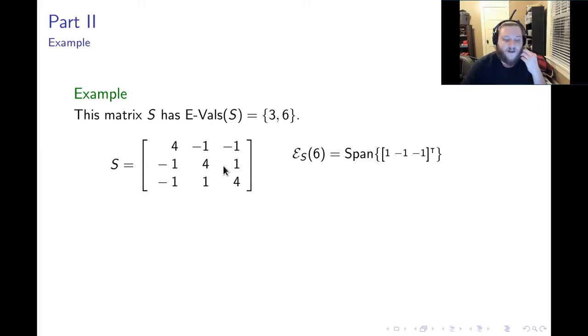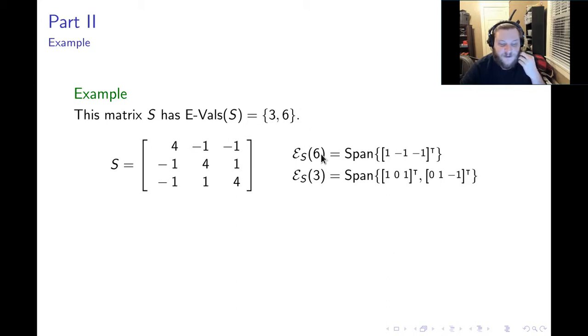Let's take a look at the eigenspaces. The eigenspace for lambda equals 6 is spanned by the single eigenvector 1, -1, -1, and the eigenspace for lambda equals 3 is spanned by two eigenvectors 1, 0, 1 and 0, 1, -1.